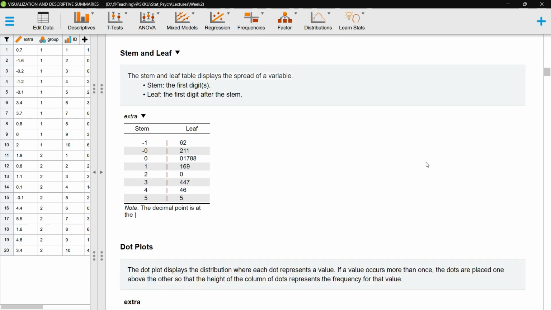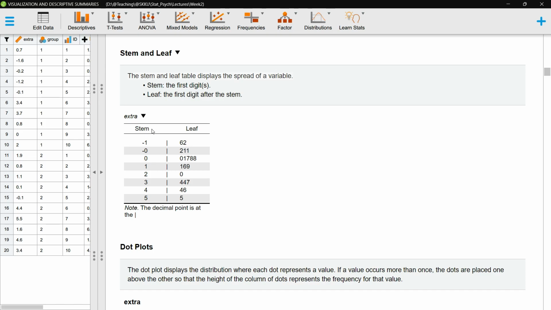Let's look at the other types of plot, like the stem and leaf plot first. As I explained before, the stem and leaf plot and the dot plot represent each value in the distribution comprehensively, but in different ways. In the stem and leaf plot, all values are expressed completely.